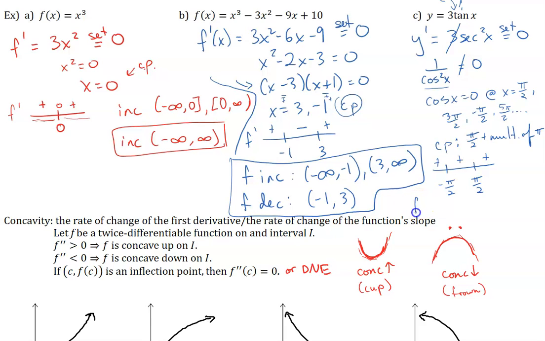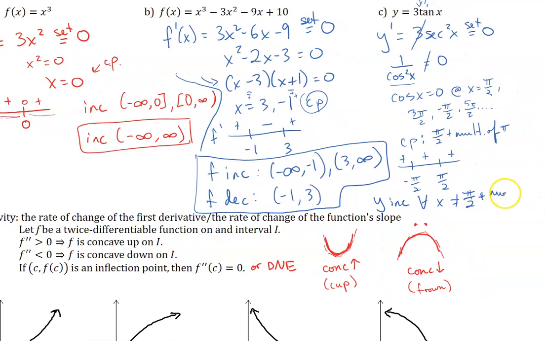Okay, so f is increasing, or I should say y, I guess. Y is increasing for all x not equal to pi over 2 plus multiples of pi.